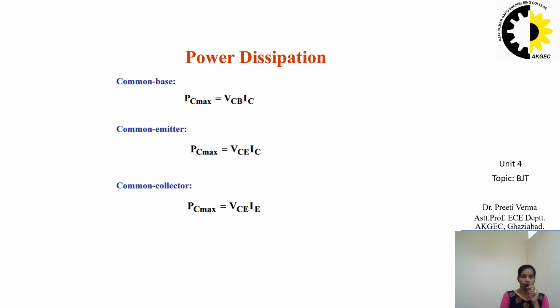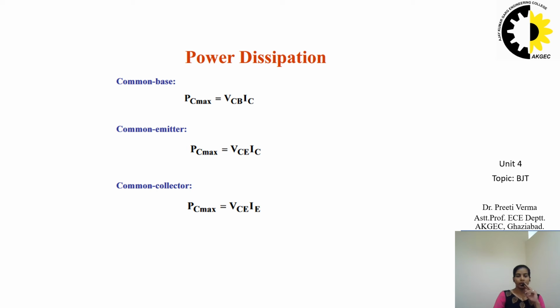Power dissipation of the three configurations can be defined in terms of voltage and current. For common base configuration, the maximum power consumed is VCB multiplied by IC. For common emitter configuration, we have VCE multiplied by IC.